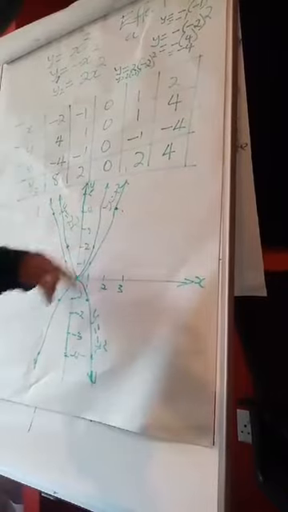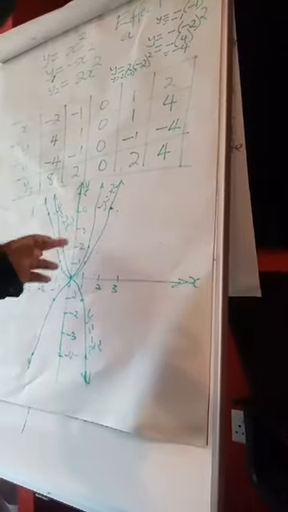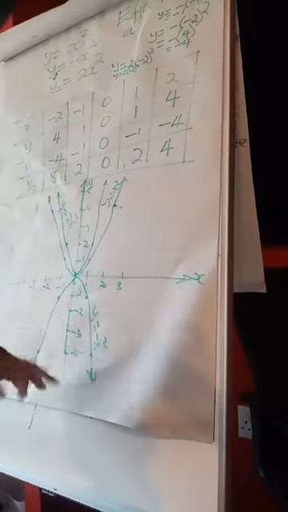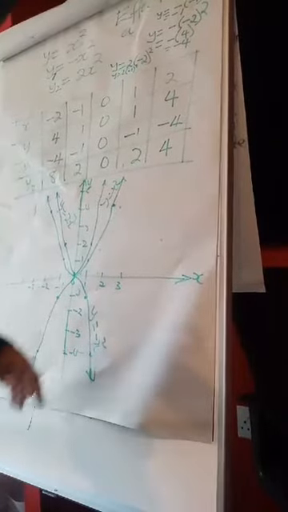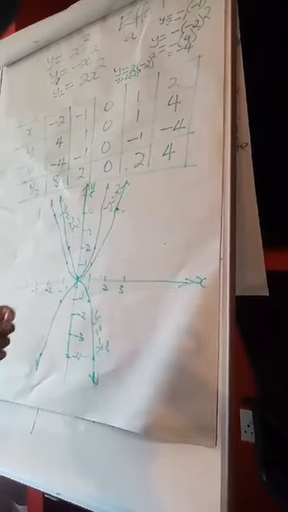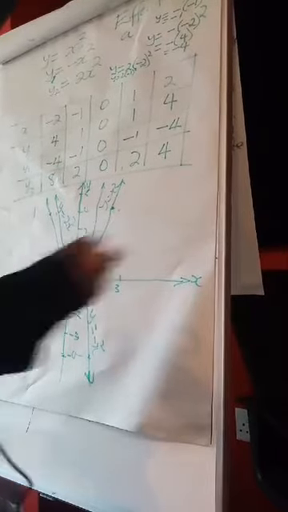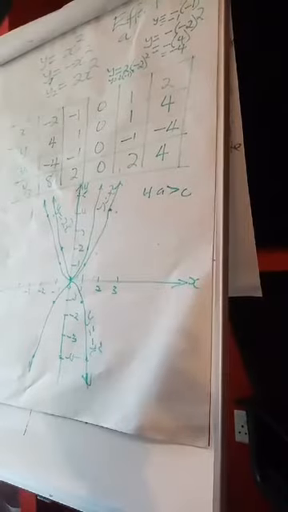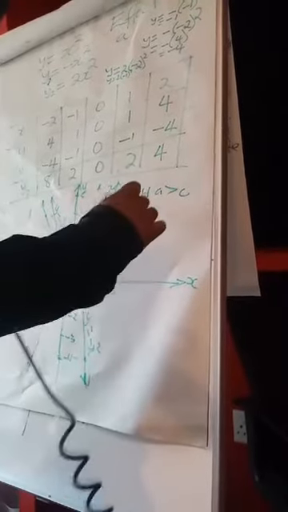Are we together here? I think we should be, as you are seeing that. Then this one, like I said, is a reflection. So what are we saying? We're saying if A is greater than 0, which means if A is positive, the graph has a minimum turning point.